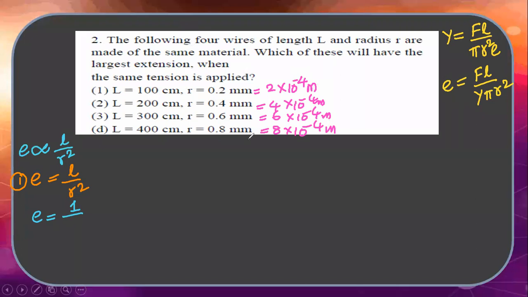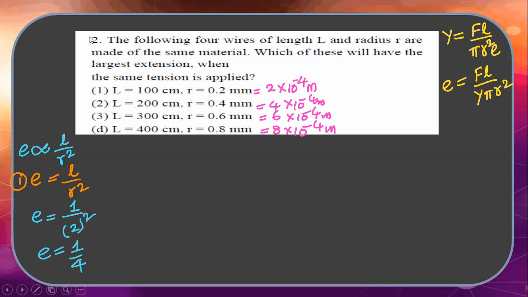That's why I'll take only 2, 4, 6, 8 because it's a common ratio. So then E is equal to 1 by 2 whole square. Then E is equal to 1 divided by 4. This is the first one.